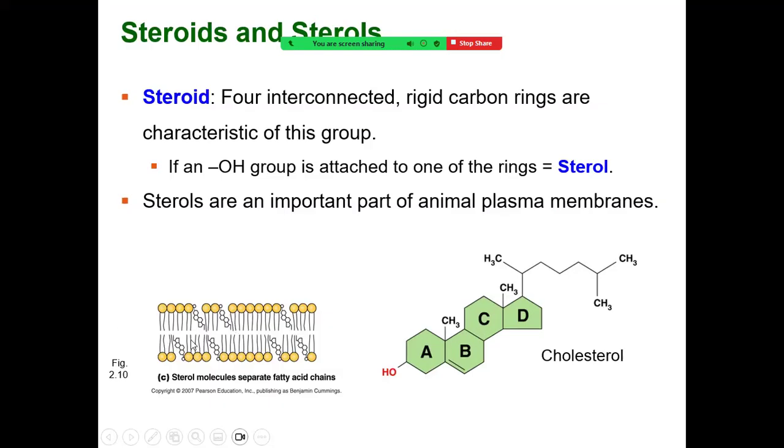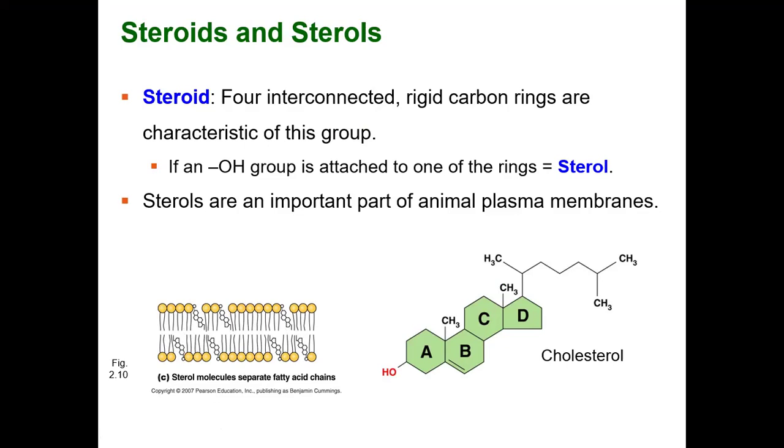So here we have our cell membrane in an animal cell that is mainly phospholipids, but it does have cholesterol in the cell membrane. And the cholesterol gives the cell membrane strength. It's thought that this is because the animal cells do not have a cell wall to protect the cell membrane.